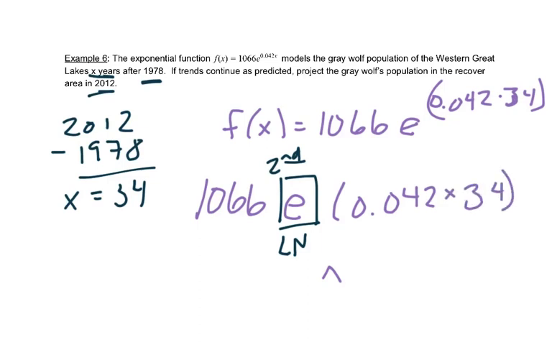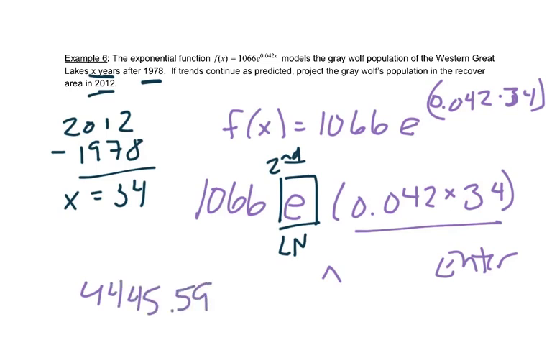Those parentheses tell the calculator that all of that is in the exponent spot, and then just hit enter. So you should get 1066 times e to the power of 0.042 times 34. And you should get something like 4445.59, and it keeps going.